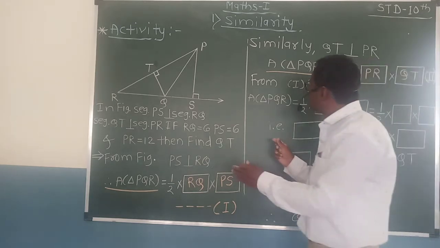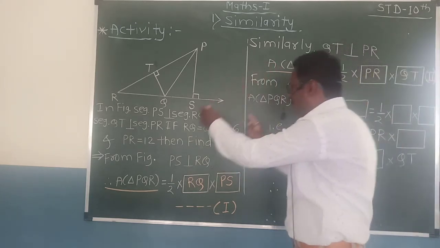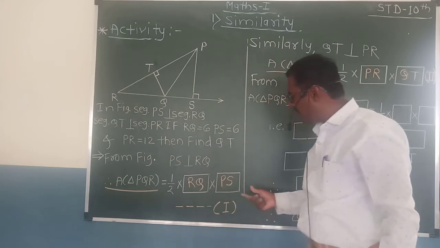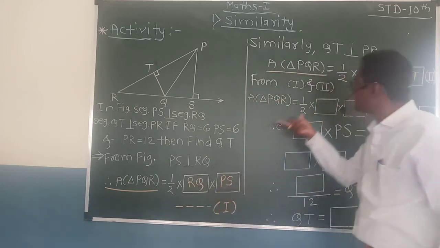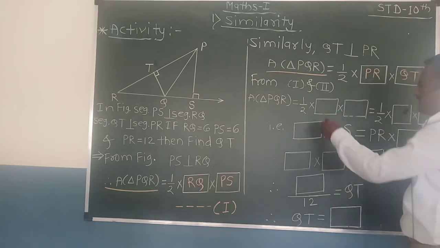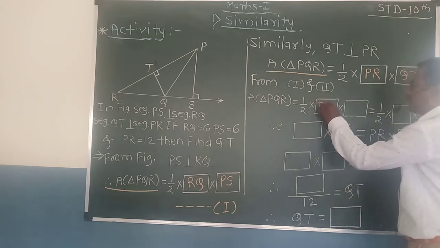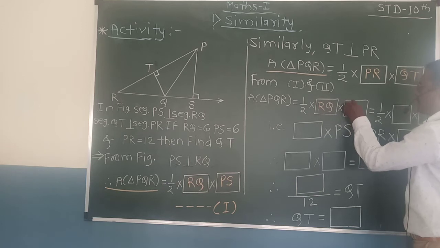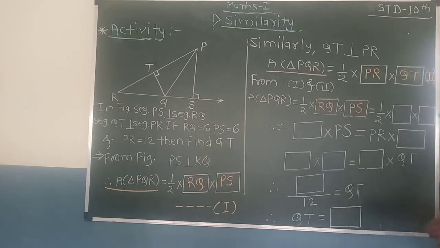So we can consider the LHS of both equations is the same, so you can compare the RHS of both equations. 1/2 into RQ into PS is equal to 1/2 into PR into QT, from equations 1 and 2.